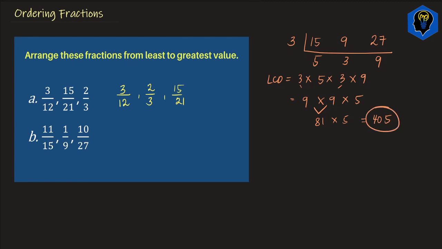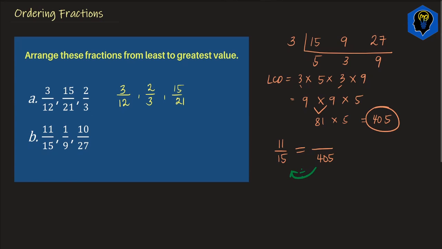So medyo malaki, no? But kung gagamitin niyo yung technique na sinabi ko kanina, pwede madali niyo lang siyang ma-convert. So 11 over 15 converted to a fraction with the denominator 405. So let's recall, you have to divide 405 by 15.